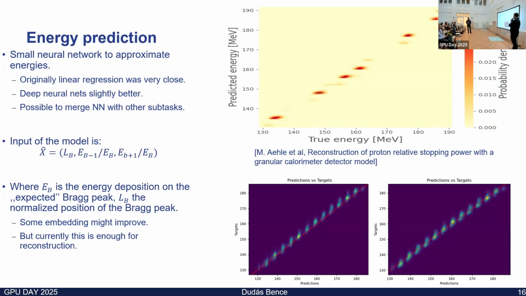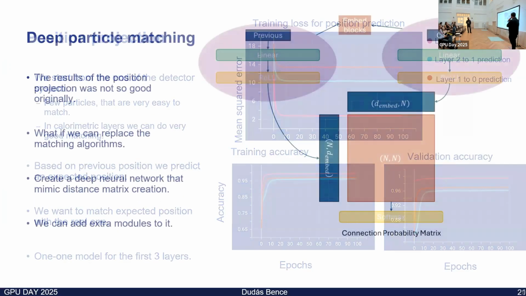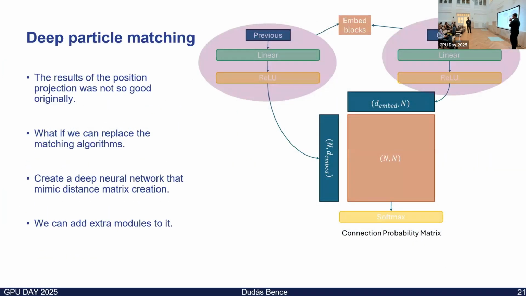Well, the neural networks I'm currently working with are not so large to have these hallucinations, because they have very few parameters. Well, the particle matching one is a bit bigger than the other two, but it's just a few thousand parameters also.